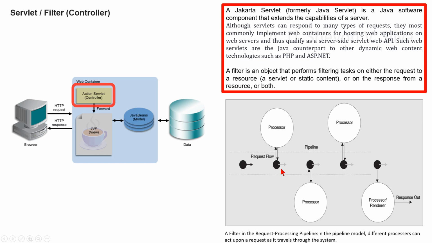Then the request remains intact until it hits the final stage of the pipeline, which has special processors called renderers. They examine all the work done to the request and produce the final response.